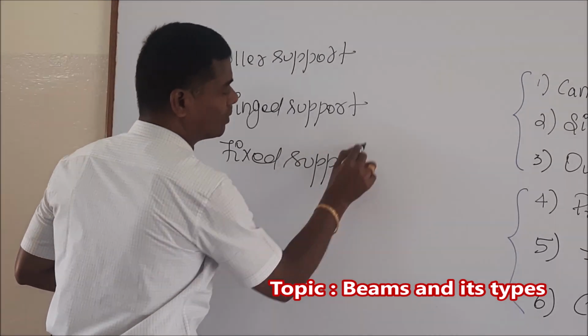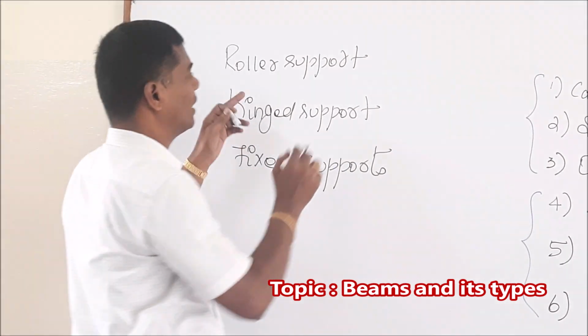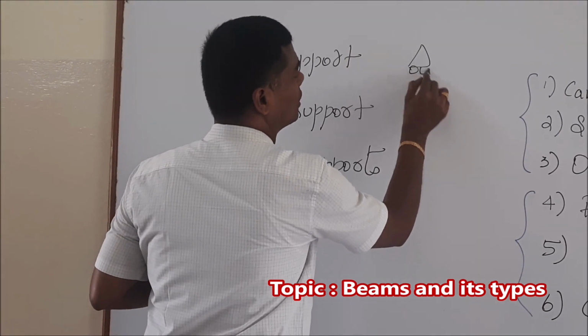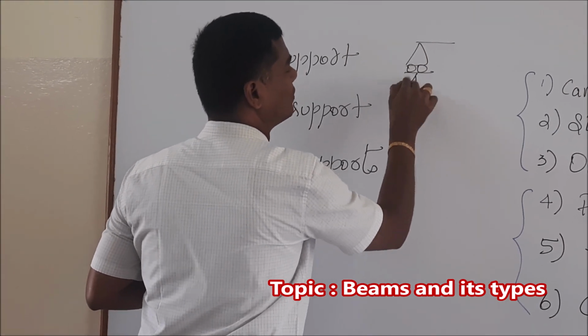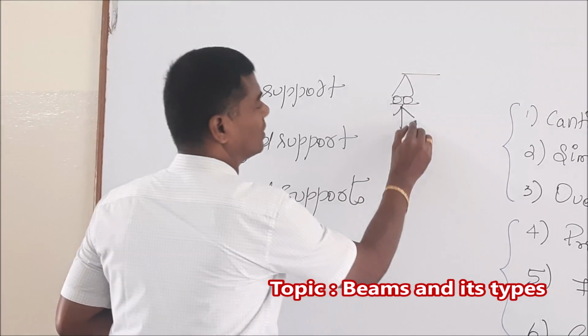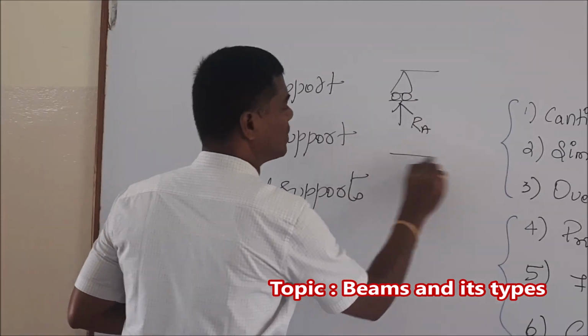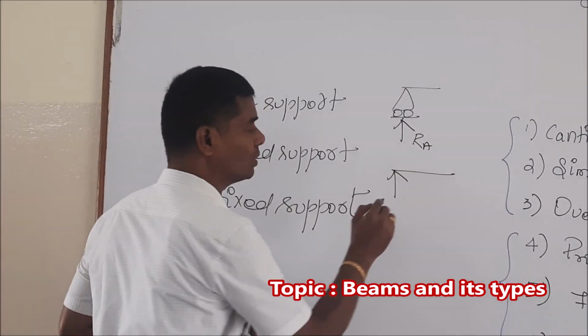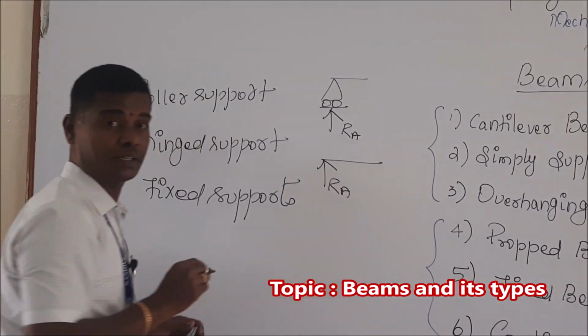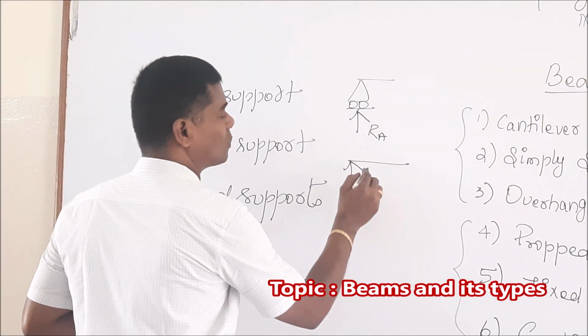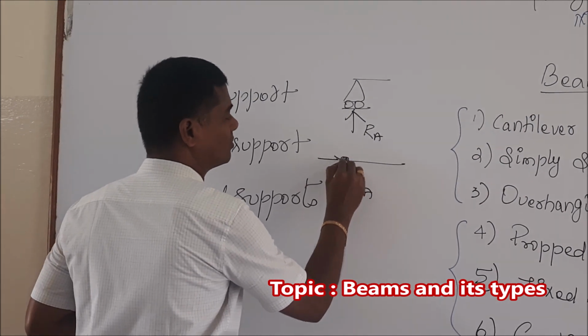These supports are based upon the reactions. A roller support can carry only one reaction, that is in the vertical direction alone, and a hinged support can carry both vertical reactions as well as horizontal reactions.